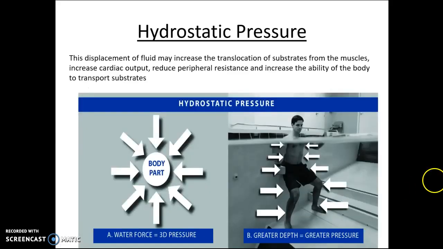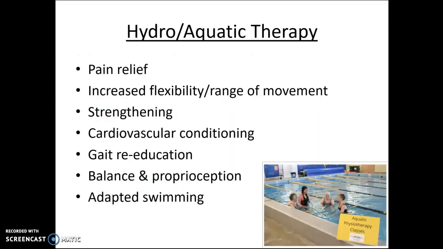The greater the depth, the more the hydrostatic pressure. So if you're fully submerged, it means that you've got a full body, three-dimensional pressure being applied to that body part. And that's important, one of our therapies.